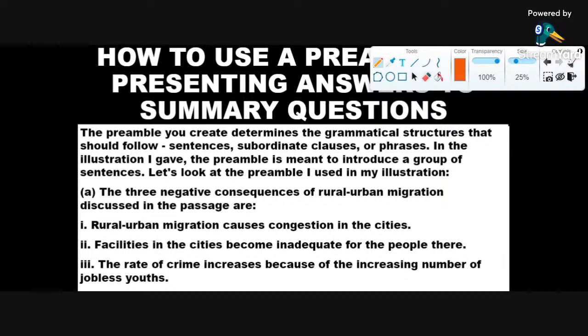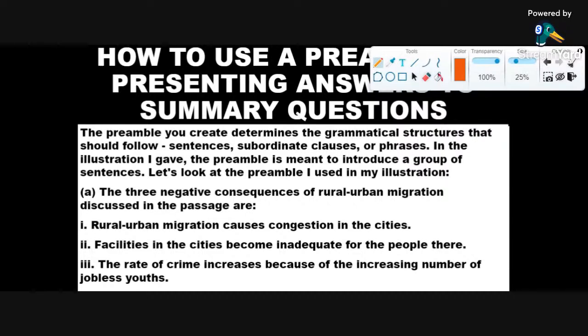And among them, the largest that can be called a grammatical unit is the sentence, which is obviously why WAEC wants you to present your answers in sentences, because a sentence is a group of words that contains a finite verb or a subject-verb combination and expresses a complete thought.